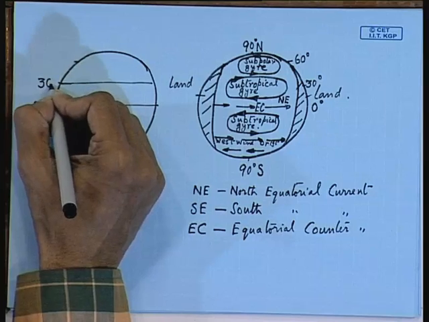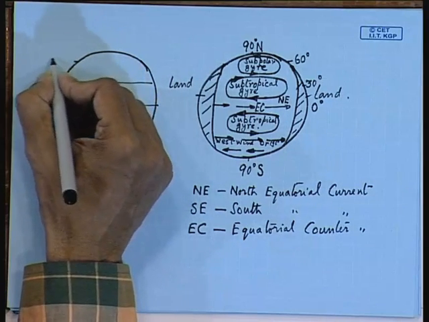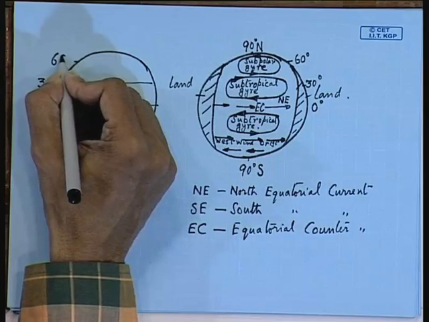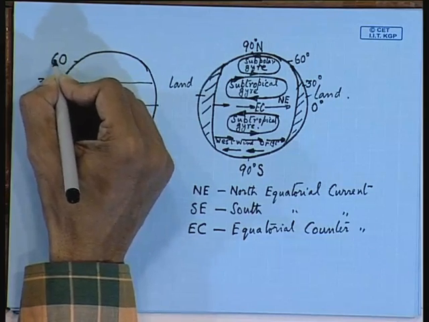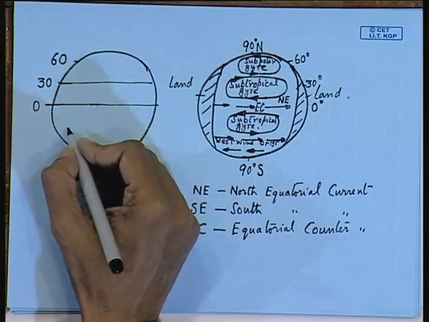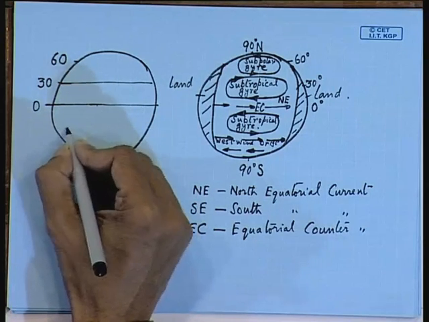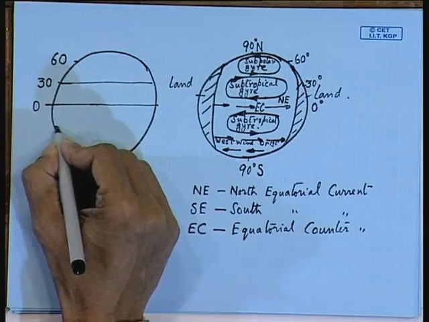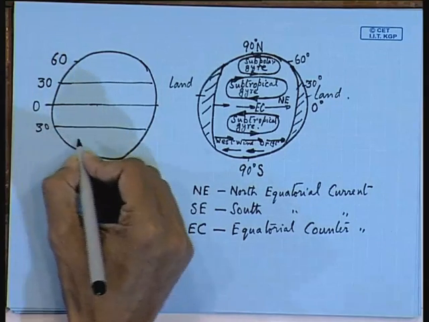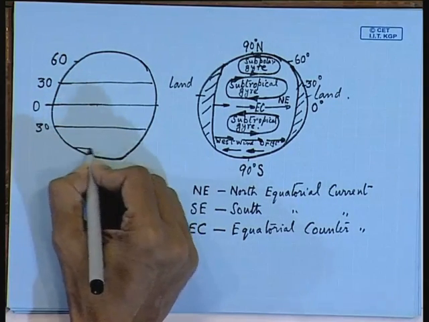Now, if you want to study the dynamics of the ocean, you have to study everything in totality, that is your current plus wind, etc. So, which is of course not a very easy job. So, south you have this 30 degrees and this is 60 degrees.